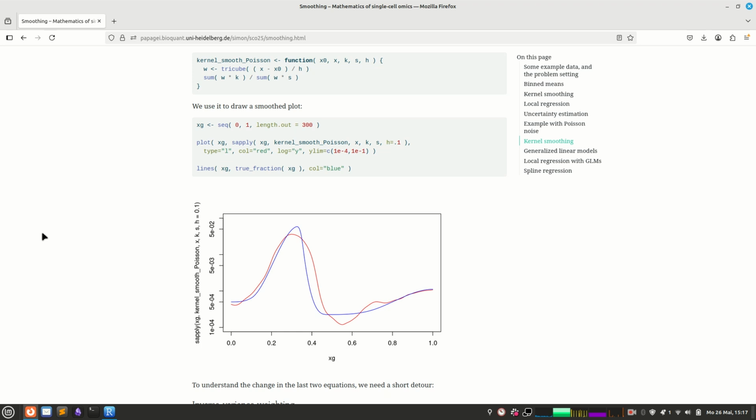You see that it works reasonably well, except here at the bottom it moves quite a lot, and this is to be expected because here the noise is much higher than up here.